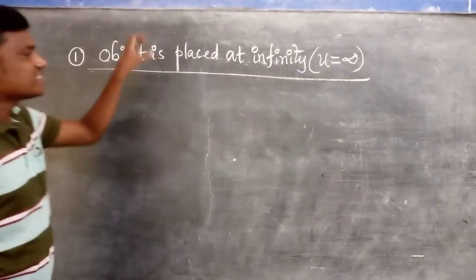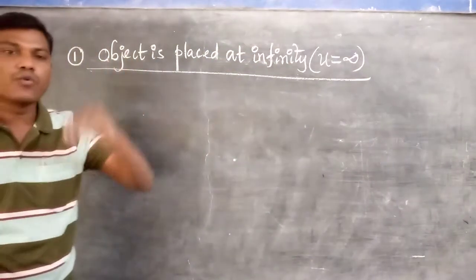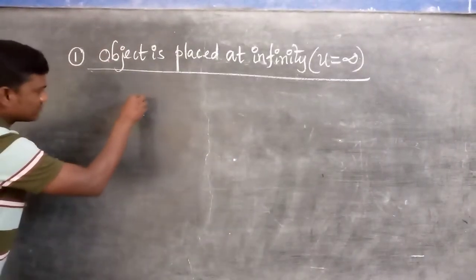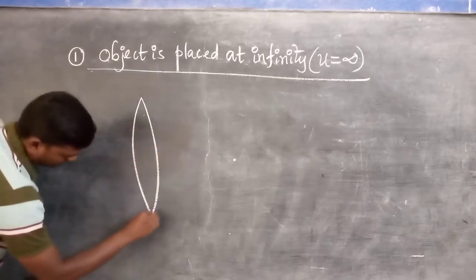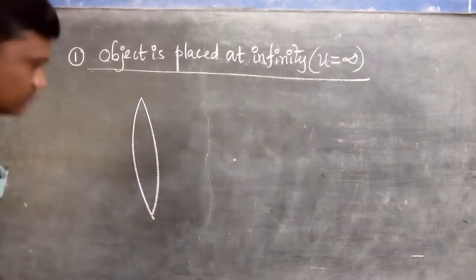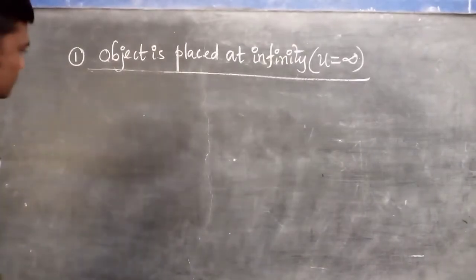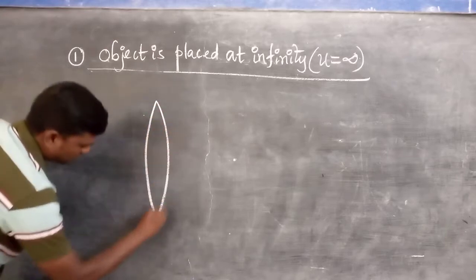Now if the object is placed at infinity, where will the image be formed and what is its nature? That is what we discuss first.